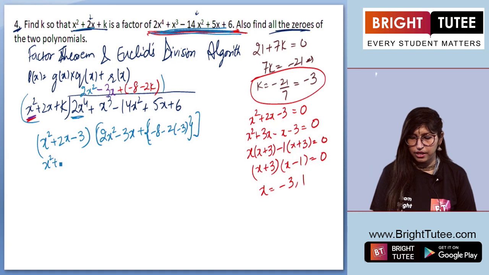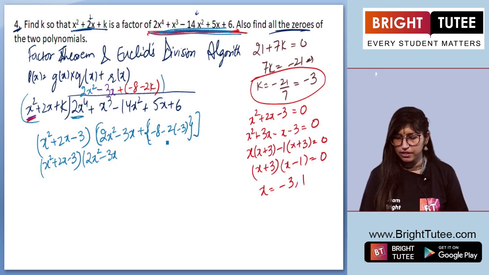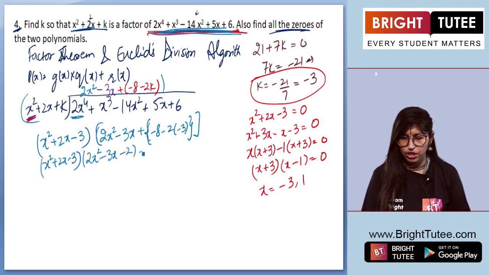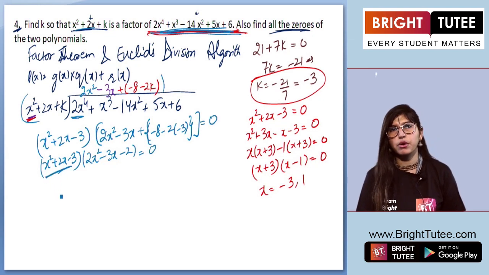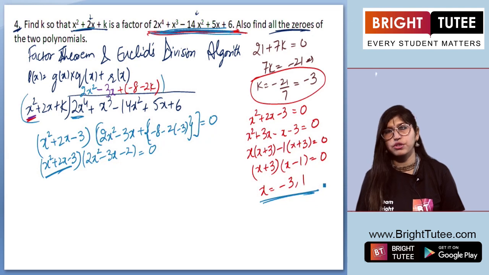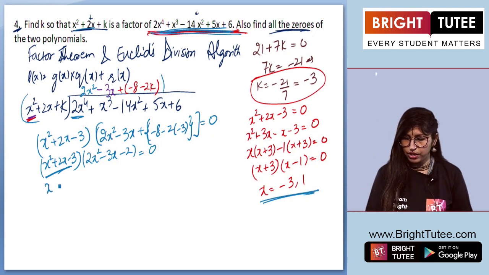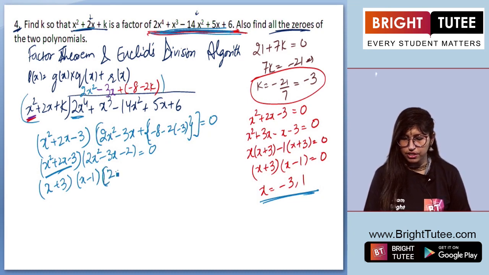So x square plus 2x minus 3 into, if I solve this out, 2x square minus 3x minus 8 plus 6 is minus 2 equals 0. Now we are already done with x square plus 2x minus 3, which is minus 3 and 1. Now we'll straight away write x plus 3 and x minus 1, and we can try and solve this and we'll be getting 2x square.